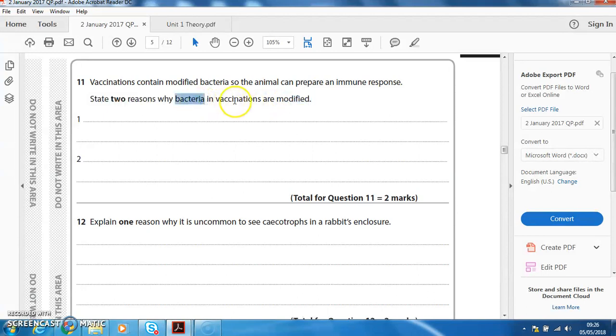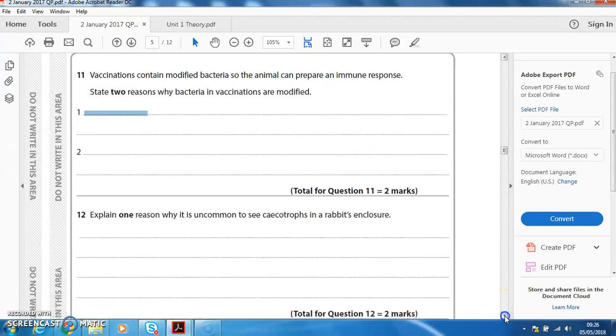That's so that the bacteria put into the vaccination do not harm us, are not harmful. And secondly is because bacteria become resistant to vaccination. So to stop resistance to vaccinations and to prevent harm.